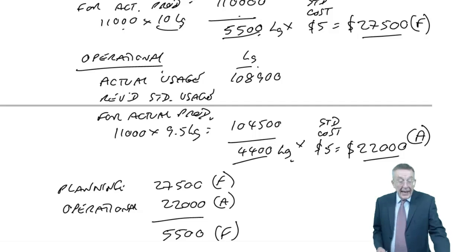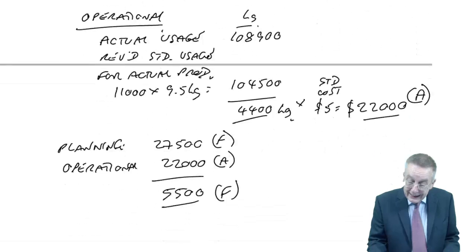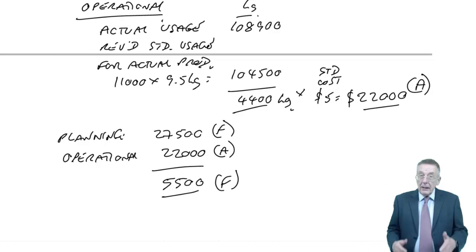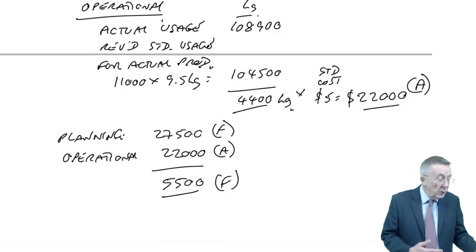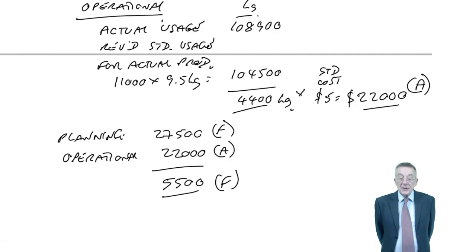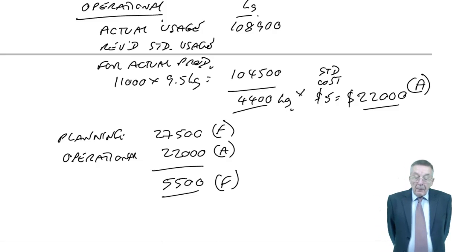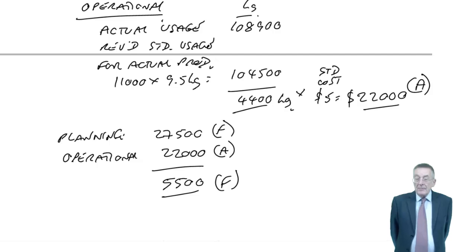Finally, as far as the interpretation of it's concerned, a lot of it's down to reading the question, looking at what information, why, for instance, did the usage fall to 9.5 kilos? But operational variances we interpret in the normal way.